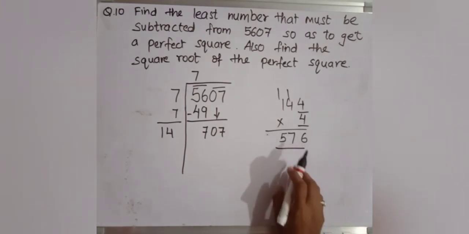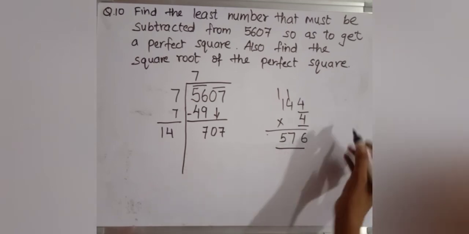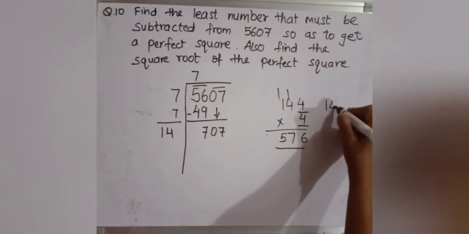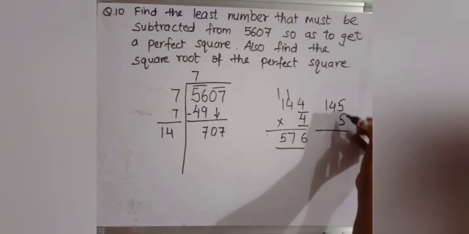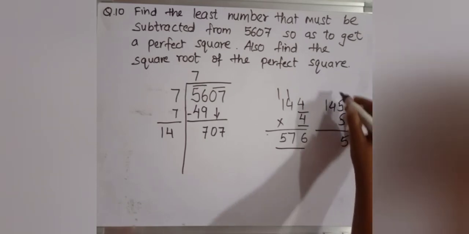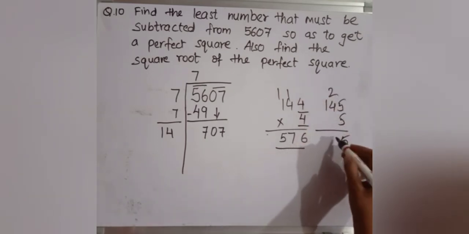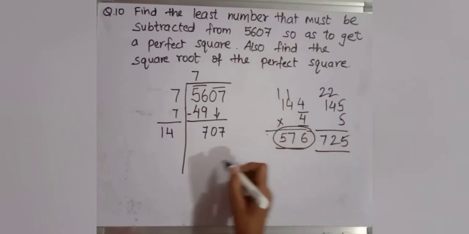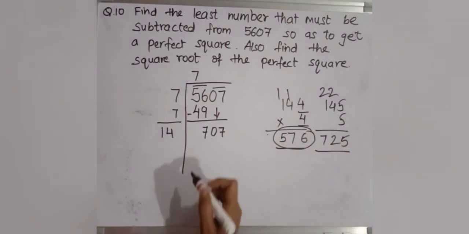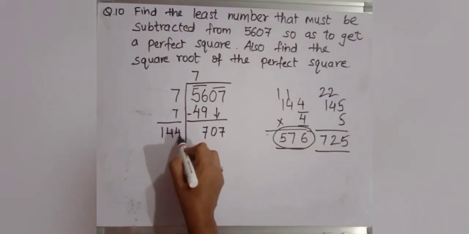So yes, it is less than 707. And if we do it with 5 on both sides, let us check what the answer is. 5 into 5 is 25, carry 2, 5 twos are 10, 12, and 5 plus 2 is 725, which is greater. So we'll go with 576, which is obtained when we multiply by 4.